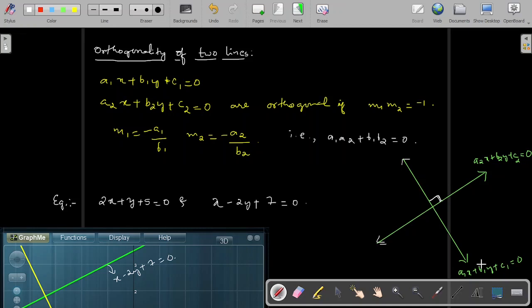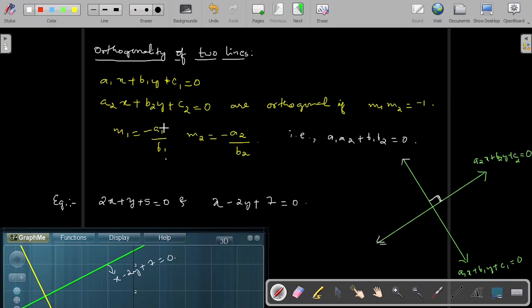So the first straight line, if I name it as a1x plus b1y plus c1 equal to 0, and the second straight line as a2x plus b2y plus c2 equal to 0, the two lines are orthogonal if the product of their slopes equals minus 1, m1 m2 equal to minus 1. m1 is the slope of the first line, which is given by minus a by b, that is, coefficient of x divided by coefficient of y.